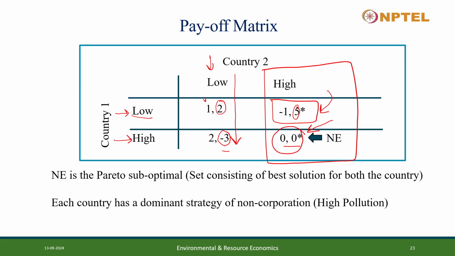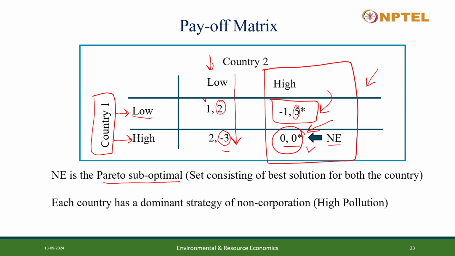So irrespective of what country 1 does, country 2 is polluting higher. So we can say that this 0 comma 0 is the Nash equilibrium, which is called a Pareto suboptimal case. So for both country 1 and 2, the common solution is 0 comma 0. So we say that both the countries pollute high only.